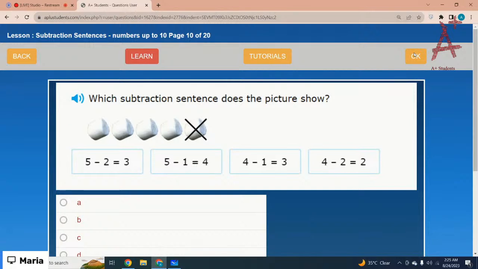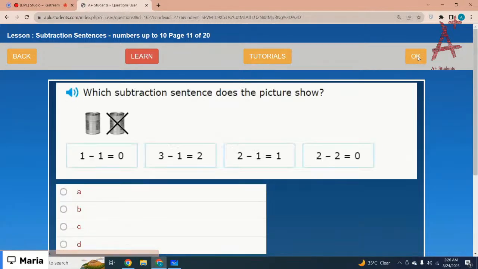So 4 of them are not crossed, right? So it would be 5 take away 1 equals 4. The correct option is option number B. 5 take away 1 equals 4.